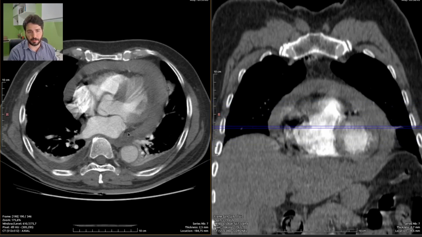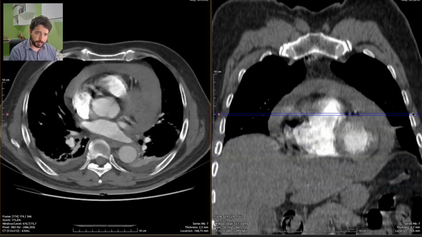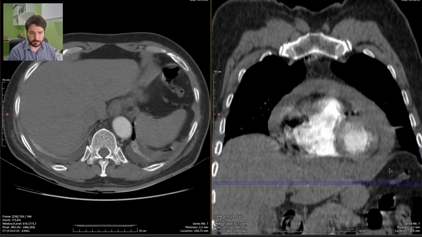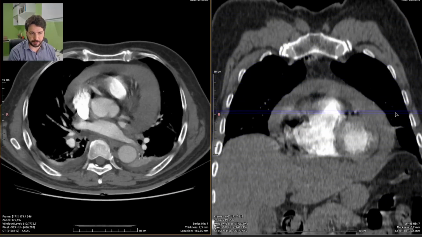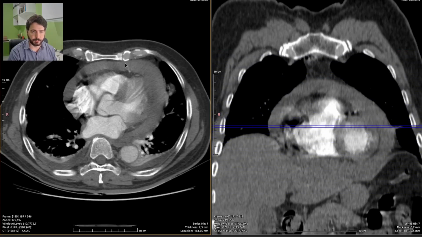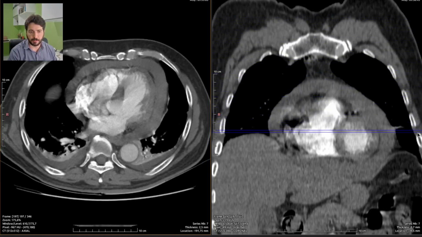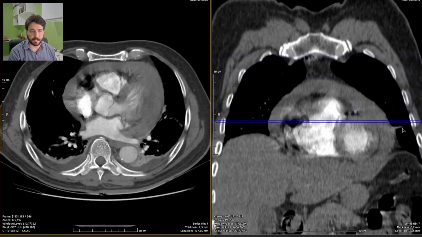There is a large pericardial effusion, which could be the cause of the chest pains and all the symptoms and the signs the patient must be complaining of and showing to the doctor. So we are going to report it as an additional finding on our angiography scan report.